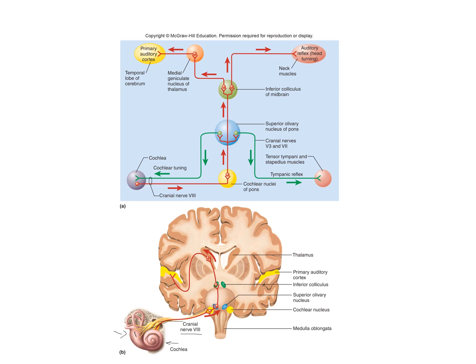And it's going to synapse in this region of the pons very close to the medulla. There is a very short interneuron here that is going to synapse with a neuron that ends in the inferior colliculus. And then we're going to see another neuron that proceeds up to the thalamus, and finally a neuron that proceeds into the primary auditory cortex. So that's part of the cerebral cortex.